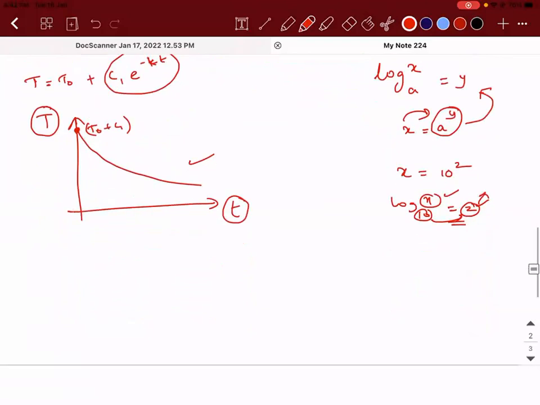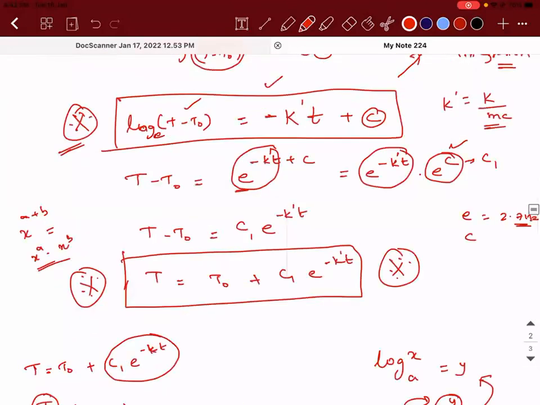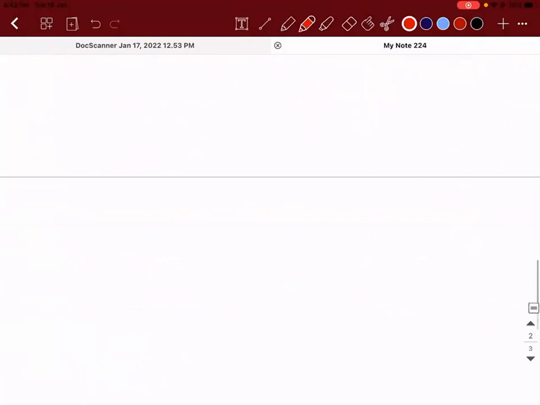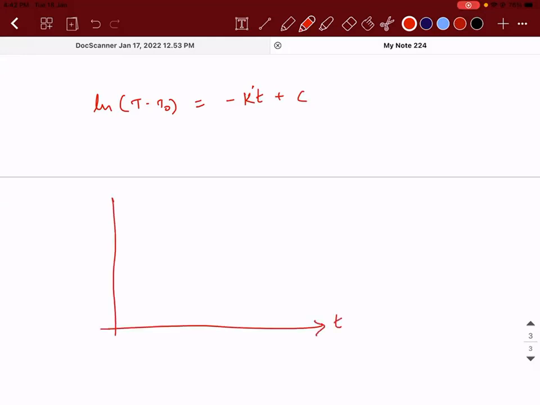The next expression is ln of T minus T naught versus t. Ln of T minus T naught is equal to minus K dash into t plus C. Correct? So if you take a graph like this, ln of T minus T naught varying with respect to time, then this on the y-axis is equal to minus mx plus c.